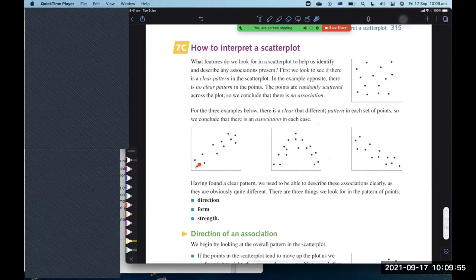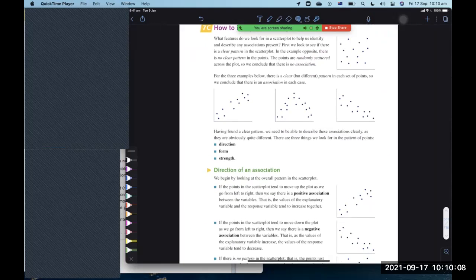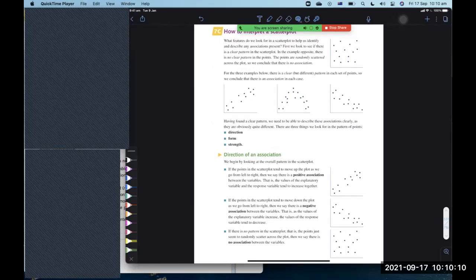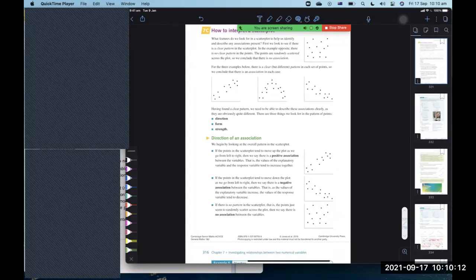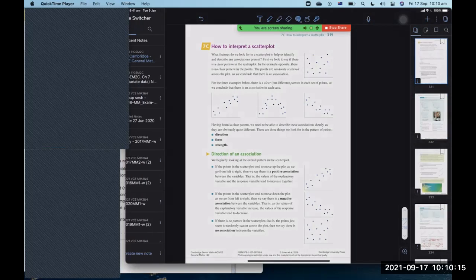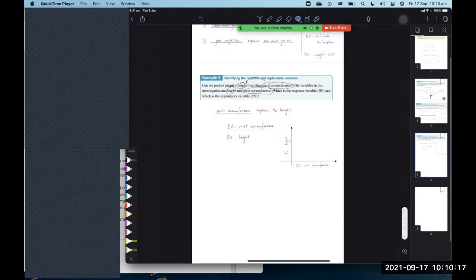Now, each of these patterns, we can give a name to. This one here doesn't have a pattern, so we say that it's randomly scattered. There are a few terms that are given. So what I'm probably going to do is copy and paste this whole page on, so in our notes we can just annotate it.